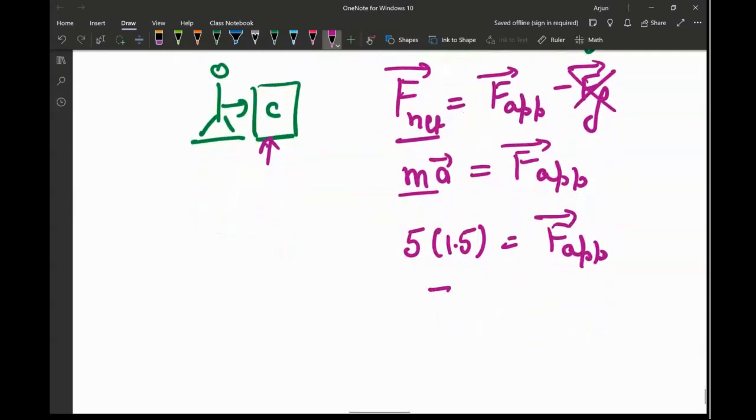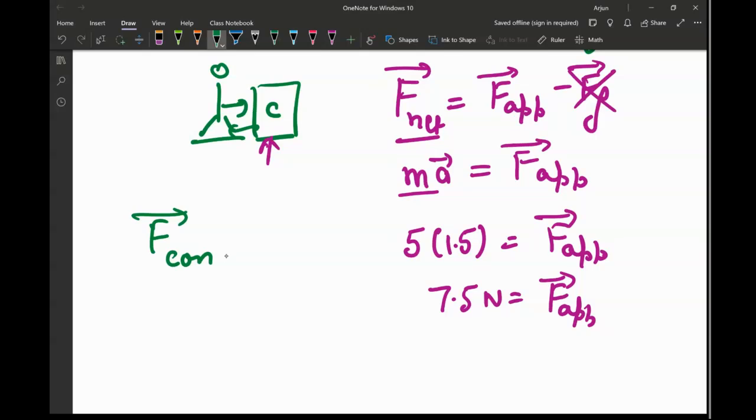I'm applying 7.5 Newton of force on box C, and the same amount of force will be applied back on me. So the force applied by C on B will be 7.5 newtons in the opposite direction, backwards, or to the left.